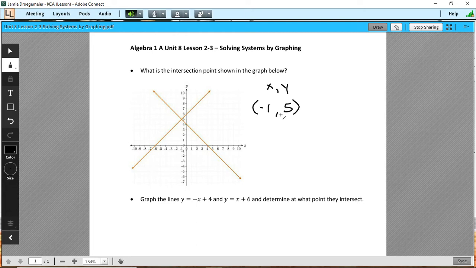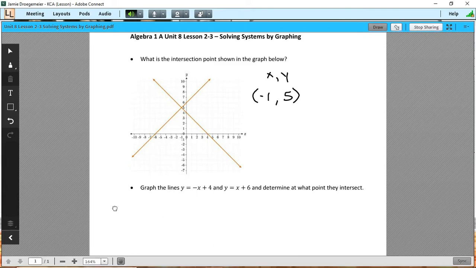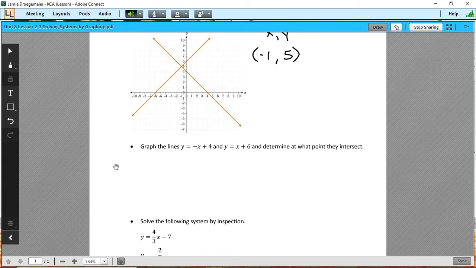All right, so then let's go ahead and look here at another system of equations. It asks us to graph the lines y equals -x plus 4 and y equals x plus 6, and determine at what point they intersect. So if we were going to graph these by hand, these are both in slope-intercept form.